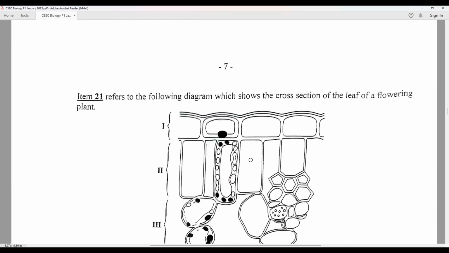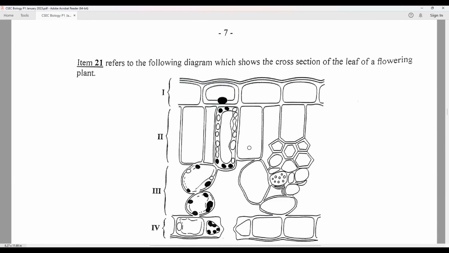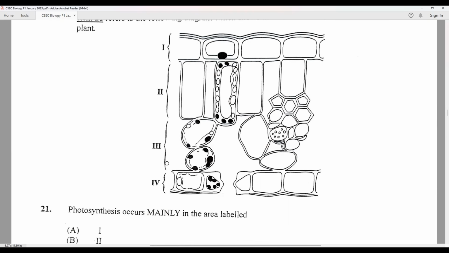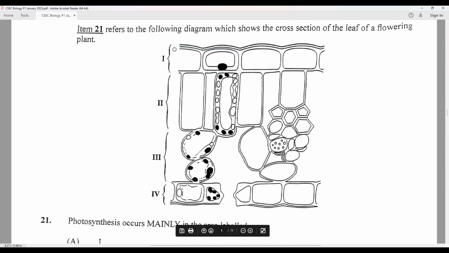Let's look at 21. It refers to the following diagram, which shows the cross-section of the leaf of a flowering plant. Photosynthesis occurs mainly in the area labeled, and we're seeing this area, one, the upper epidermis, we have the mesophyll, palisade cells, yes, and two, the lower epidermis, look, a nice little opening here, stomata.